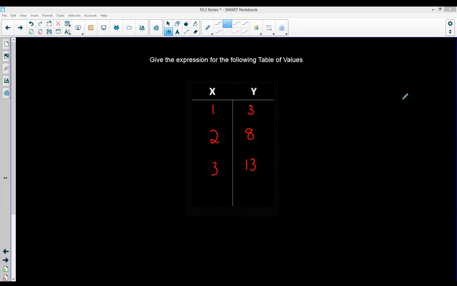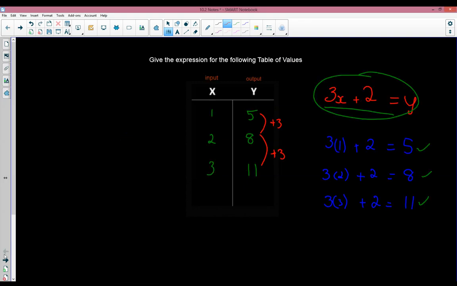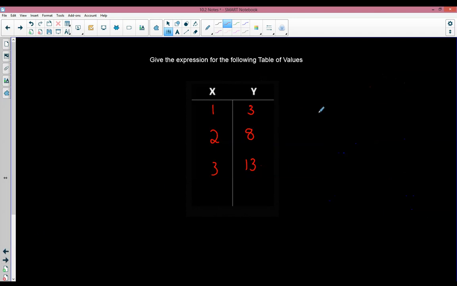Another example that we're seeing here is give the expression for the following table of values. In our last example, we saw that the increase was up by 3s, and then we saw the expression has a value of add 2, or the constant. In this example, there might be something slightly different. So again, our first step is to look at what the skip count is.